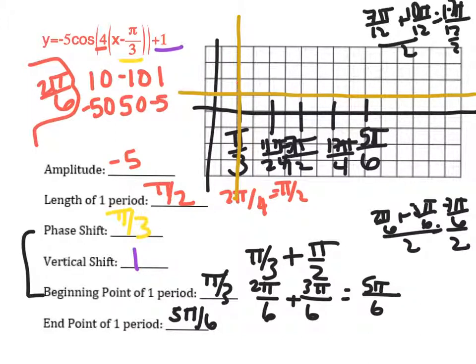So I'm going to go down 5 from here. 1, 2, 3, 4, 5. And then go to 0 and then up 5. 1, 2, 3, 4, 5. Back to 0, down to -5. So here's my graph. Upside down, stretched, shrunk, moved, all that good stuff.